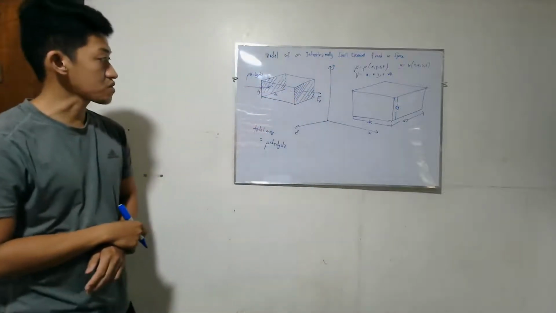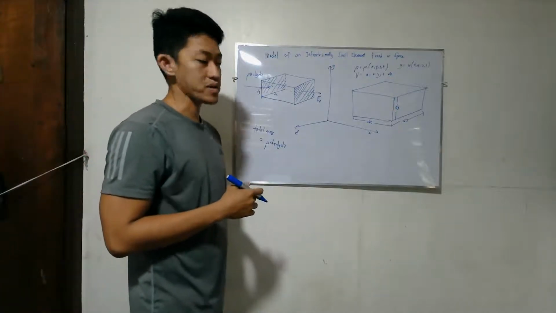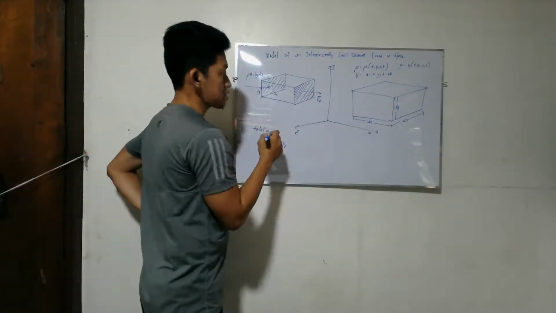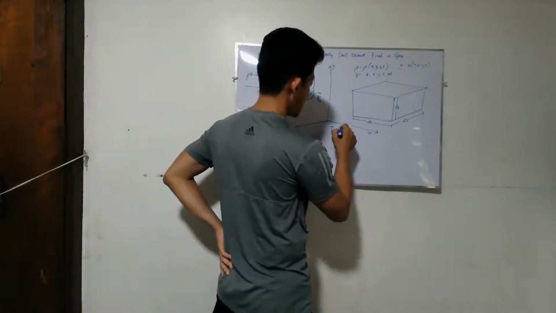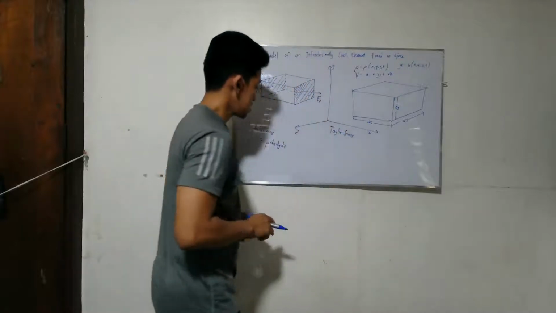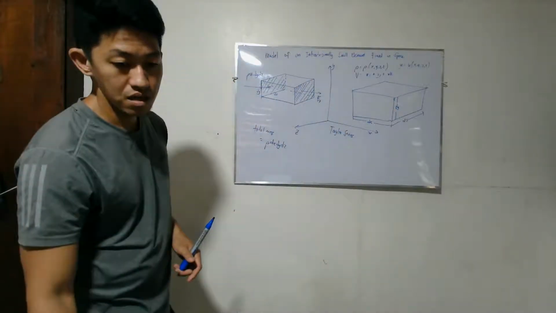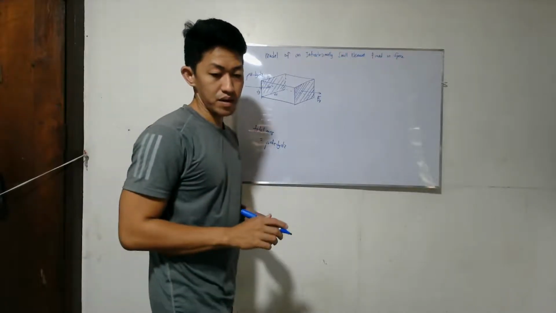Okay, so what is F2? Wala ta kabalo, but we can approximate F2 using Taylor series. Okay? Taylor series. Okay, so how do we approximate?